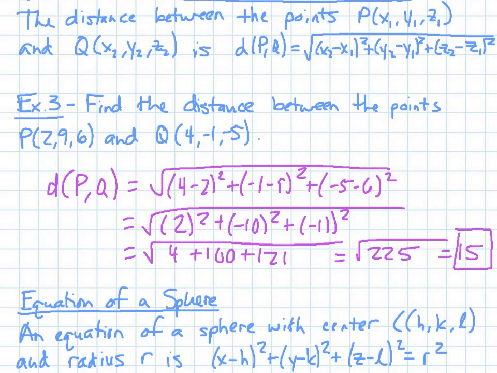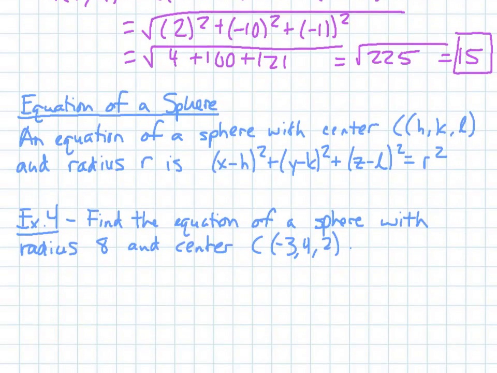Okay. The equation of a sphere is kind of like the equation for a circle, except we're adding another dimension. So instead of just the center being (h, k), now it's (h, k, l), and the radius is still r. Instead of just x minus h squared plus y minus k squared like in the 2D shape, you have that additional z minus l squared equals r squared. Okay?